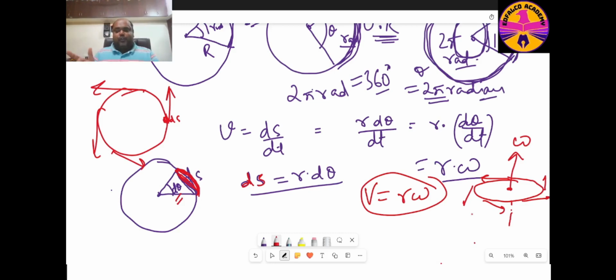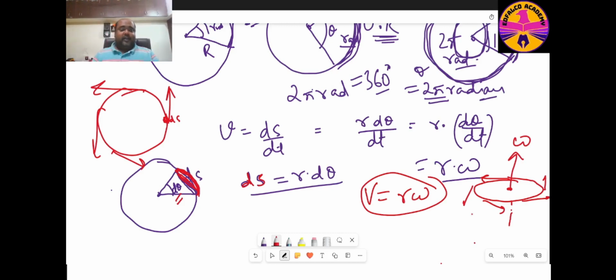And direction wise also, if you look at it, it is always pointing in the upward direction, right? So both direction and magnitude are constant for omega. So omega is indeed uniform, right? Omega is also one important quantity which is uniform in this circular motion.